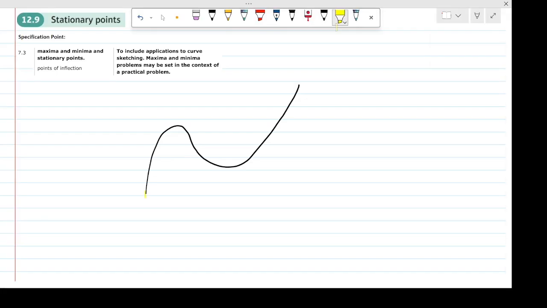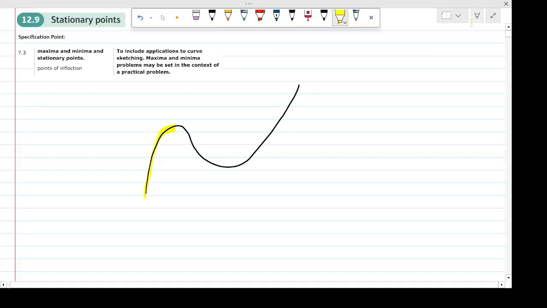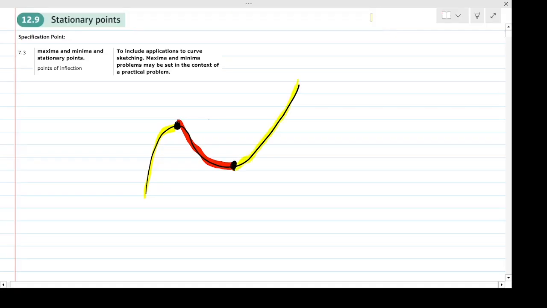If I highlight in yellow the increasing parts, it increases up to this point at the top here, which I'll circle, and then it goes down, decreasing until it reaches this bottom point here. And then it goes up again, okay? So we saw last time where graphs increase and decrease.